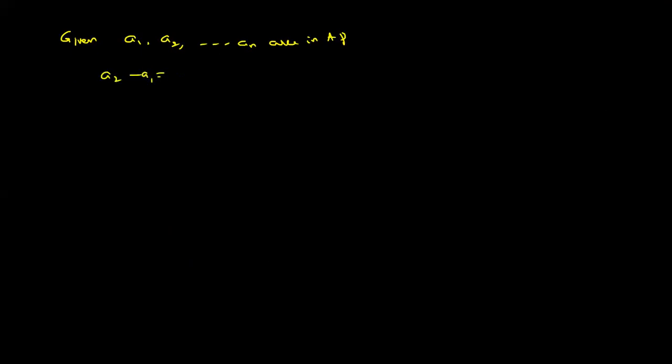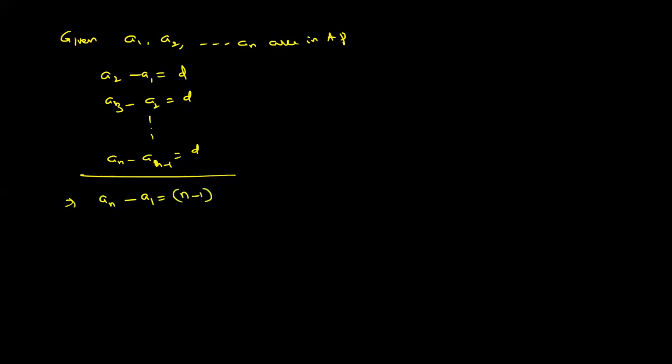A2 minus A1 is D. A3 minus A2 is D, and so on. AN minus A(N-1) is D. If you are adding these things, all the terms are cancelled. So AN minus A1 is how much? N minus 1 into D. That is the answer. Clear?